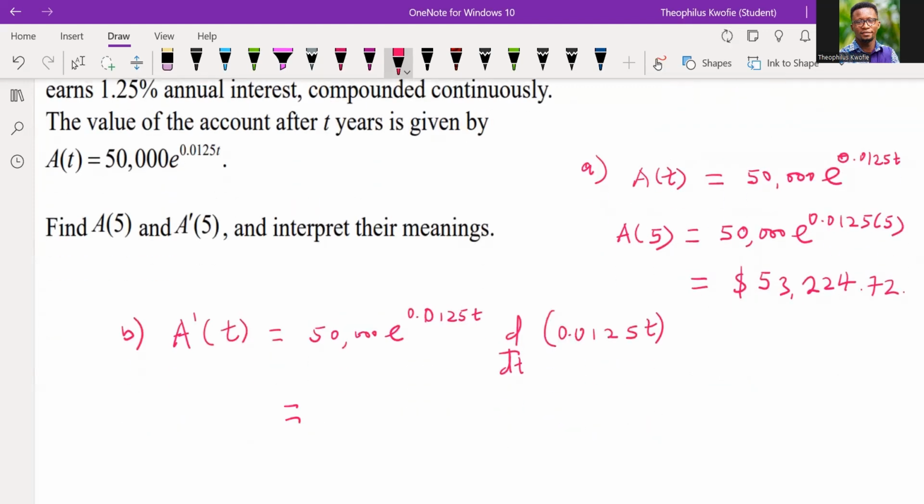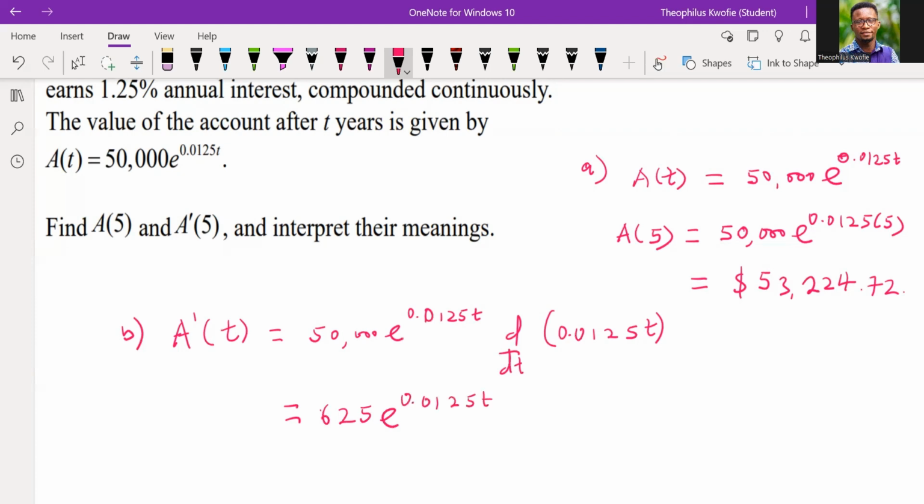So that becomes 0.0125t. When we differentiate 0.0125t, we should get 0.0125. Then we multiply it by what's outside, and when we do that, we should get 665.31. If you use a calculator, you should get something like this.